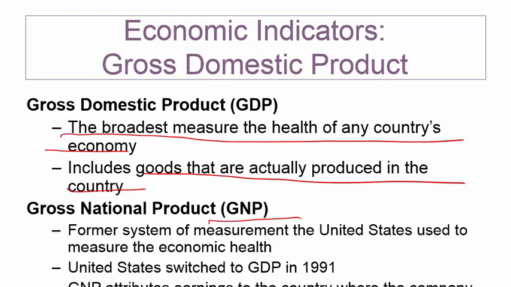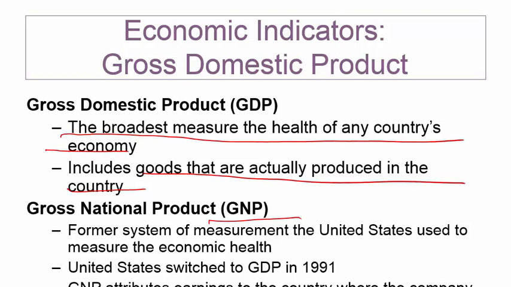So if you had a Mexican company producing goods inside of the United States, that would be counted as part of the gross domestic product. We're looking at the items that are actually produced within the borders of the United States.